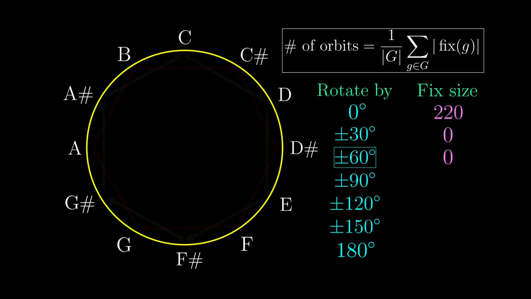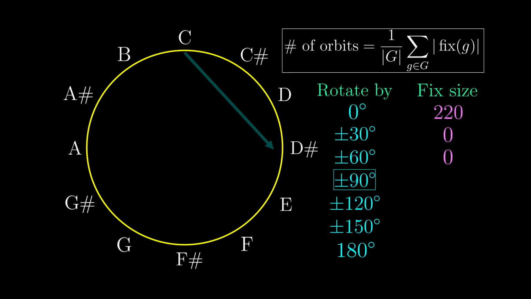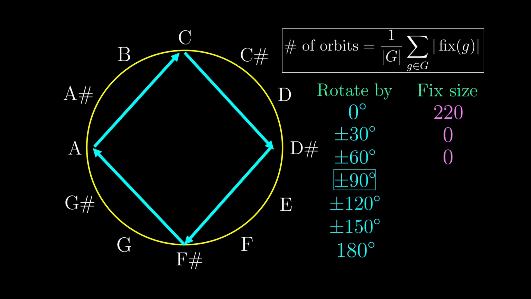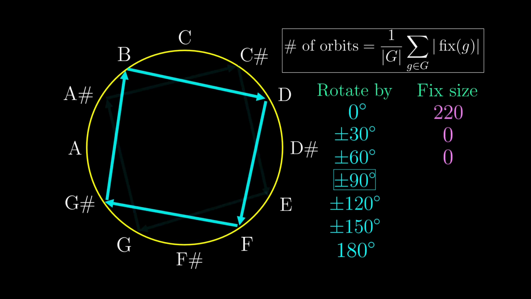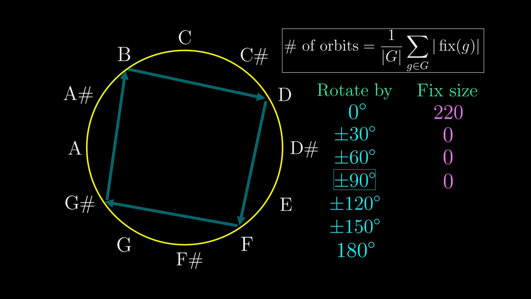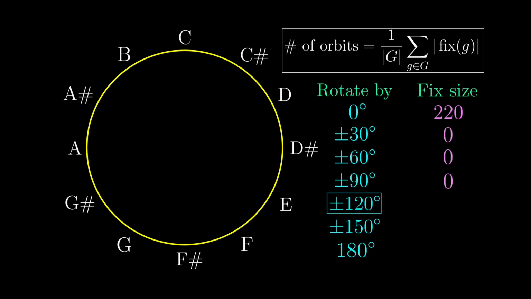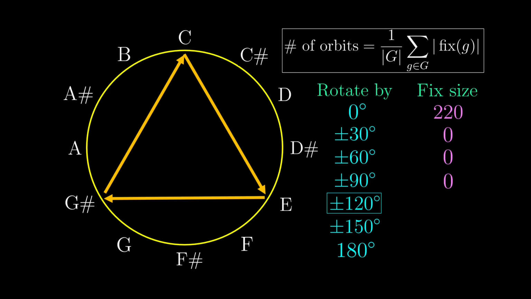90-degree rotations? Well, if C is chosen, then all these 4 have to be chosen as well. But the same thing happens if we choose any other note as part of the trichord, so the fixed size of the 90-degree rotation is still 0. But things start to change when it comes to a 120-degree rotation, because if C is chosen, only 3 notes need to be chosen because of it.